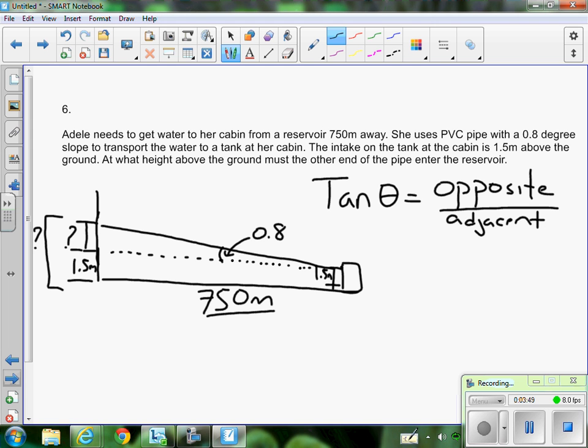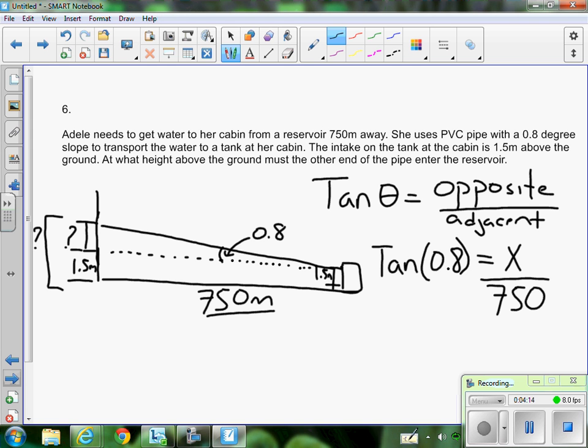Because I have an angle, I don't have to do the inverse. So on my calculator, I need to find the tangent of 0.8, and that's going to be equal to the opposite, which we don't have, over the adjacent, which we do have.